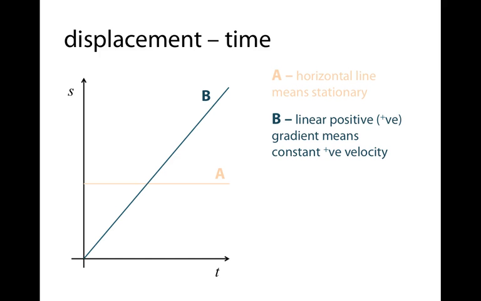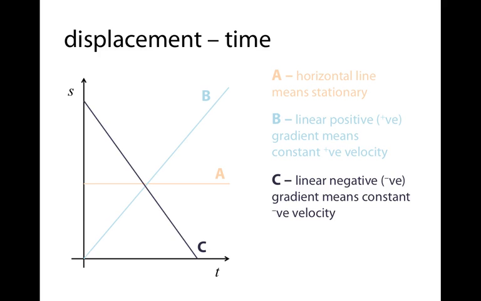Whereas a linear line means a constant velocity. A constant positive velocity might indicate increasing displacement in one direction, or a negative line would indicate some sort of negative velocity, maybe in the other direction.